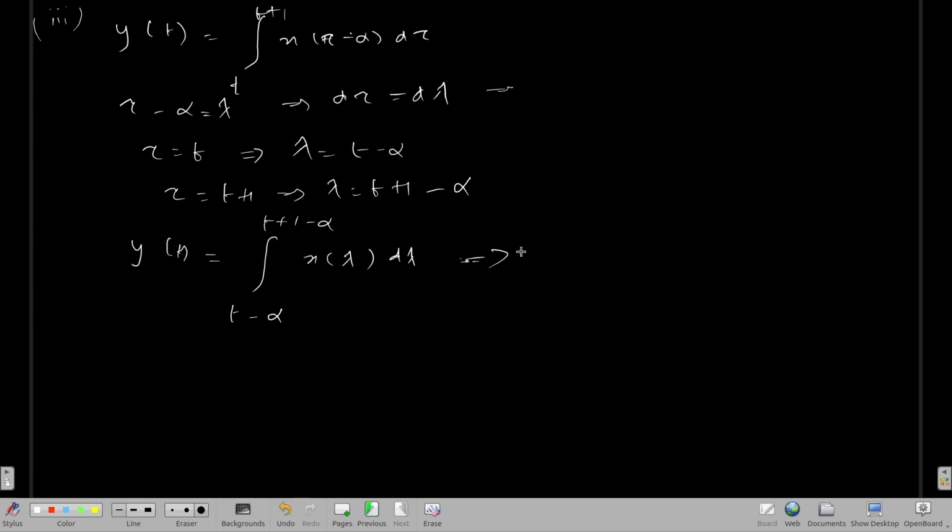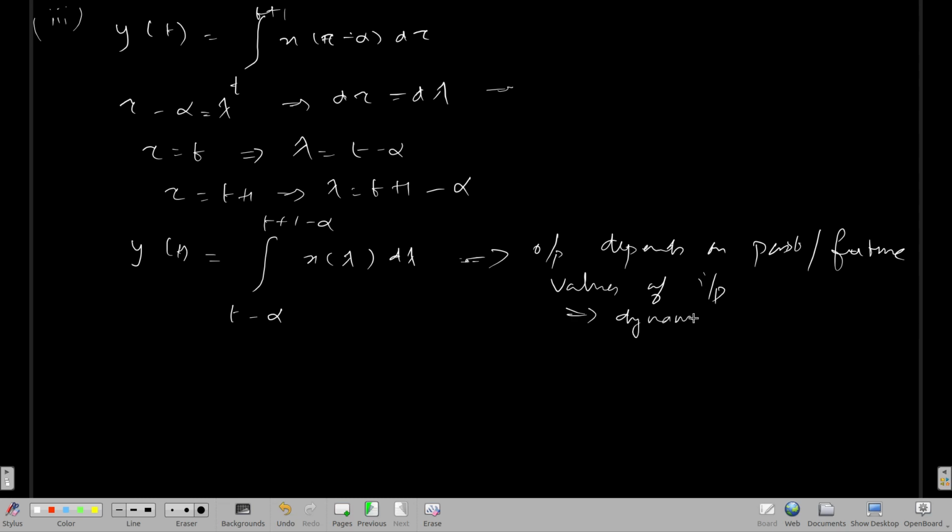Therefore, the output depends on past or future values of the input. Therefore, this is a dynamic or memory system.